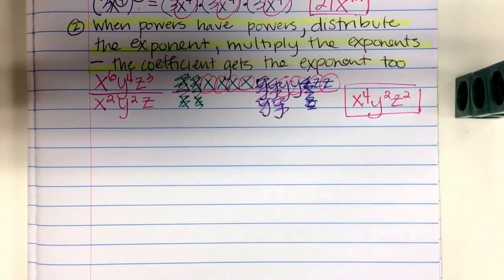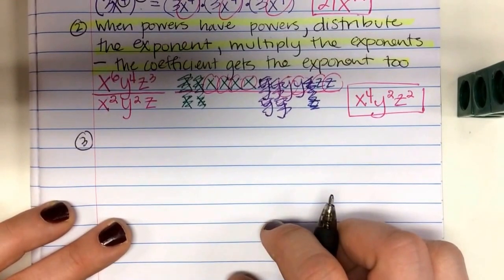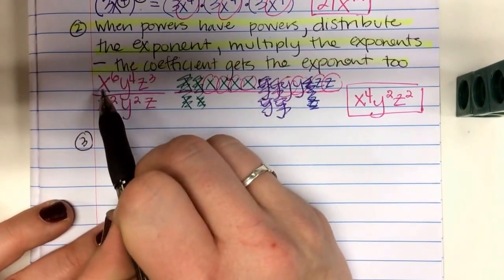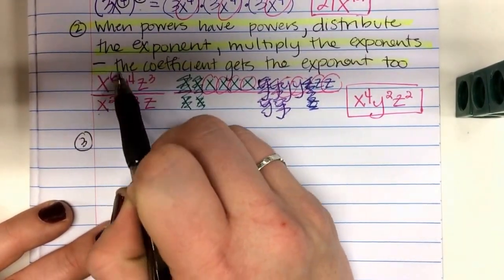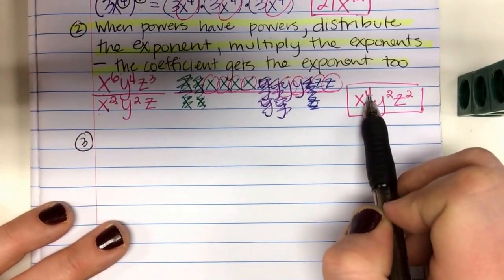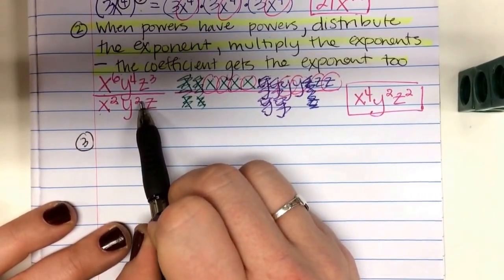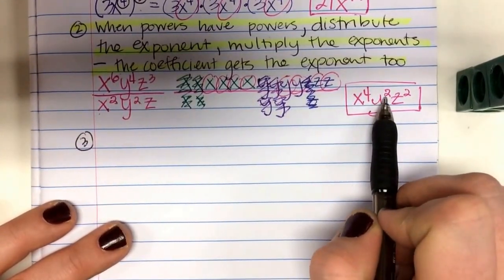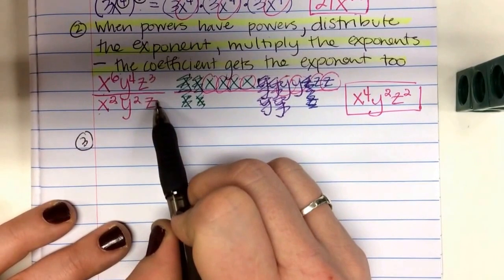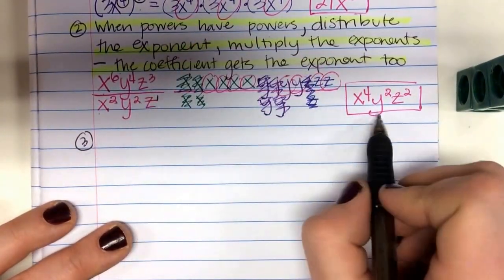Miles, what do you think? Let's see if he's right. X to the 6th, x squared: 6 minus 2 is 4. 4 minus 2 is 2. 3 minus 1 is 2.